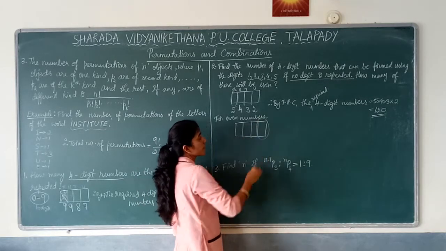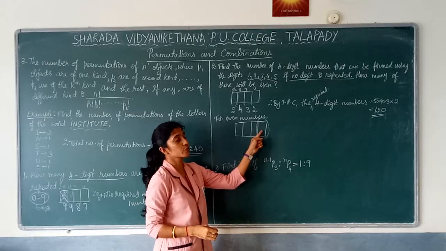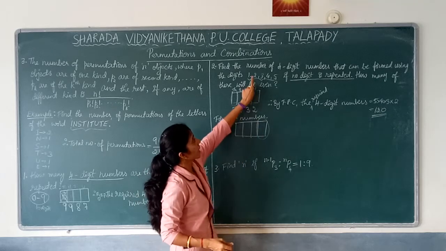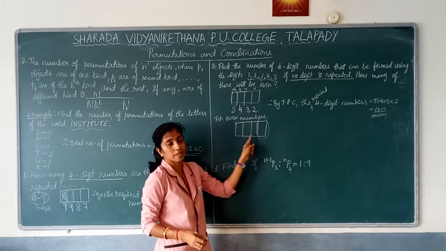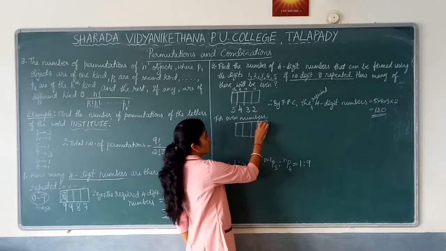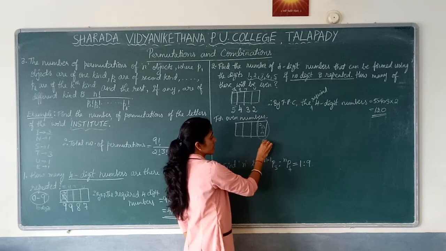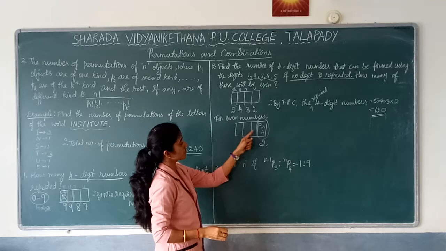This place we should be very careful about. Here the digit whatever you take should be even. Therefore, how many ways can I fill this? Either 2 or 4. If I put that here, then only the total number will become even. Therefore, I have only 2 ways of filling this.